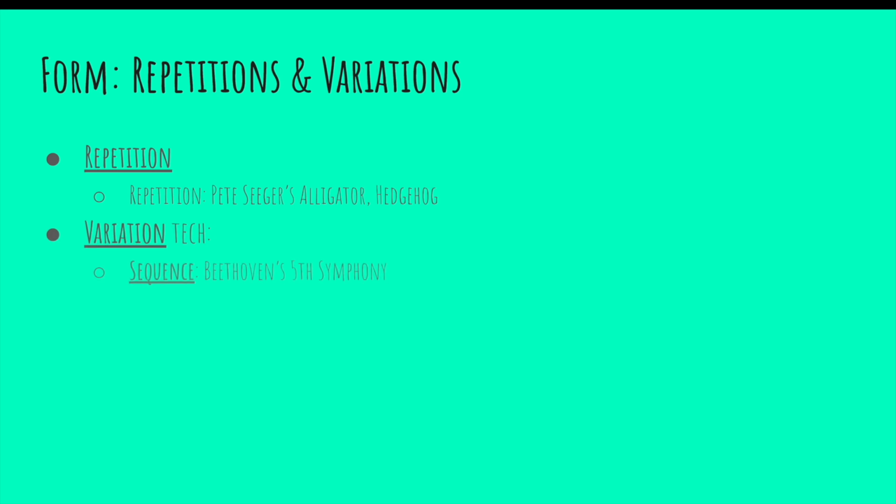The repetition in the opening of Beethoven's Fifth Symphony is sequenced, where we hear the motif restated on different notes. In Bach's Invention in C, we hear the repetition as a form of imitation, where the theme re-enters after the opening statement.